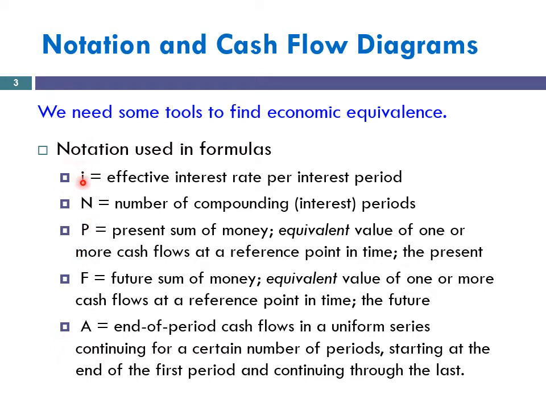What is i? i is the interest rate. It is the effective interest rate per interest period. We will talk later on about what an interest period is, and maybe about what an effective interest rate is. But for now, what you should know is that i is the interest rate.